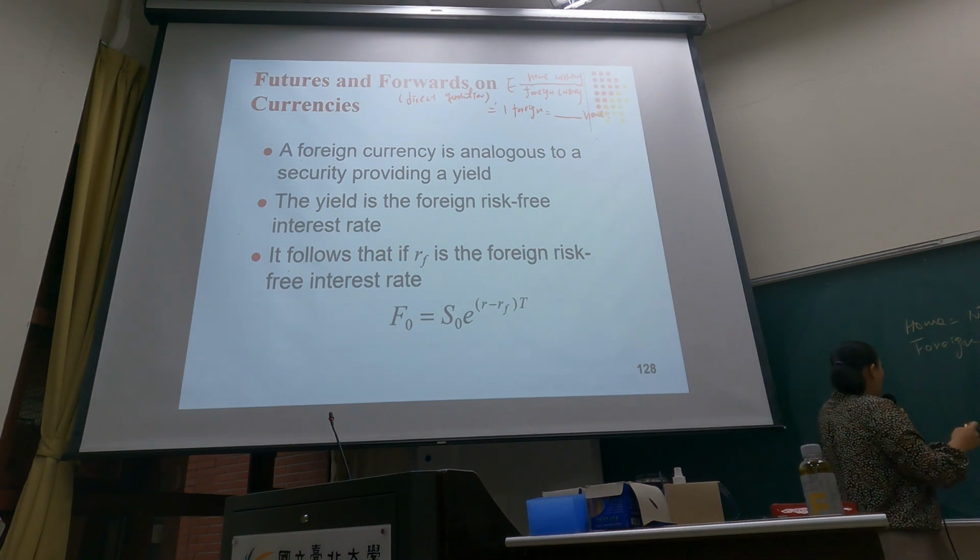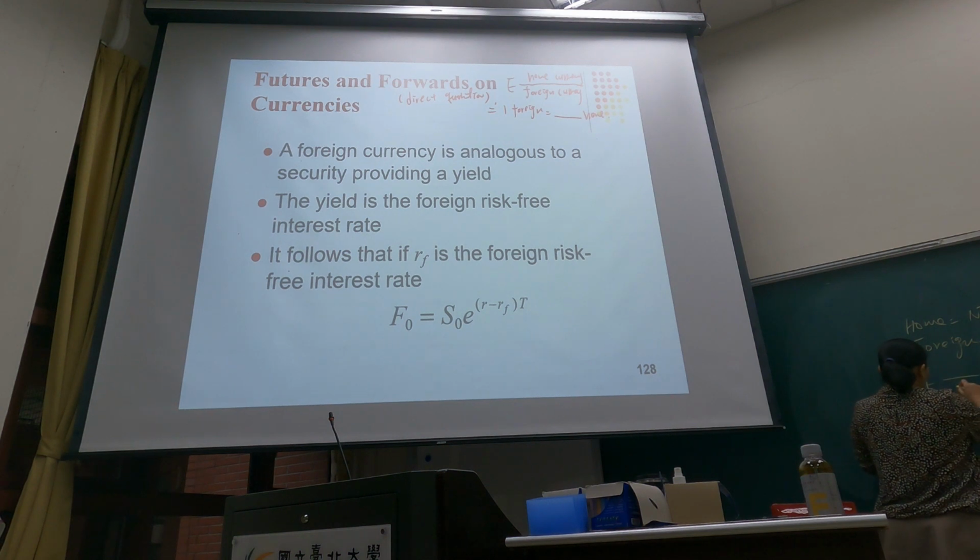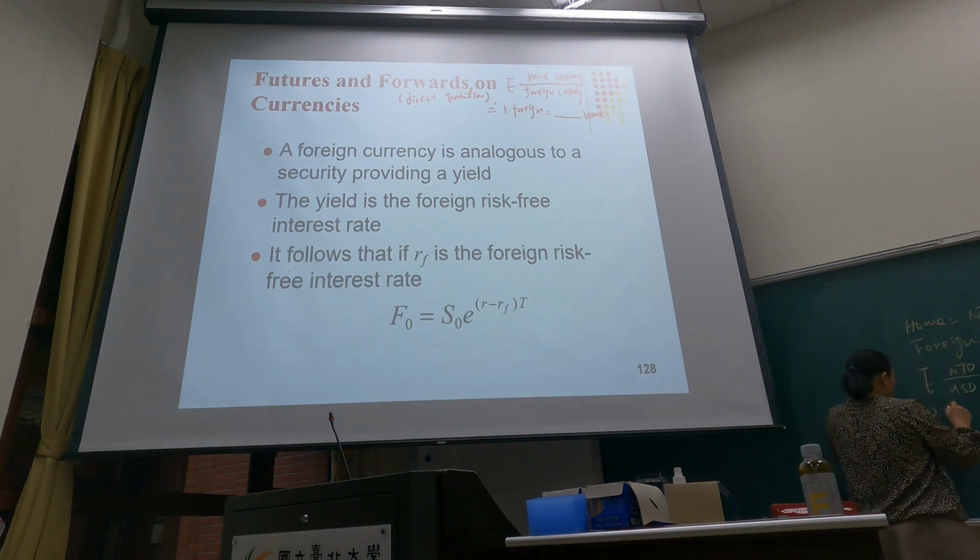So following the direct quotation, E equals USD over NTD, which today is something like 32.5, right? That means 1 USD in exchange for 32.5 NTD. Can you guys follow me? Okay, so this is what we call direct quotation.